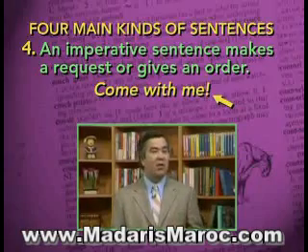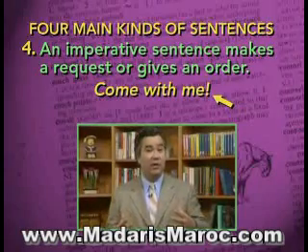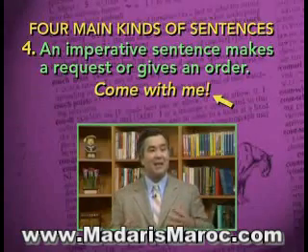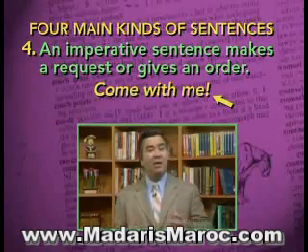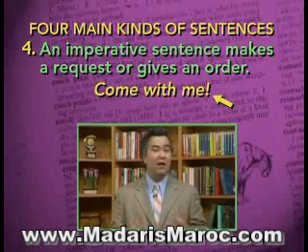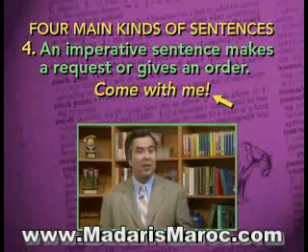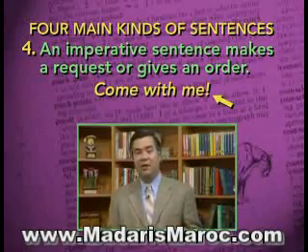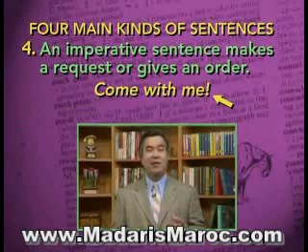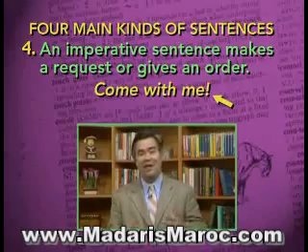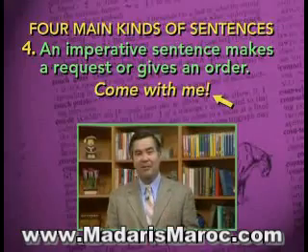It all depends on how forceful the request or command or order is intended to be. A command or order which is given with a great deal of emotion and feeling and forcefulness might be ended with an exclamation point. Otherwise, a period will do. In this example, we've used an exclamation point to indicate that strong feelings are behind the invitation, come with me.